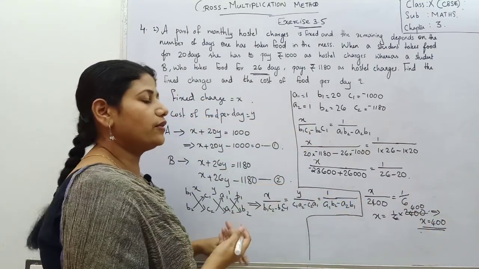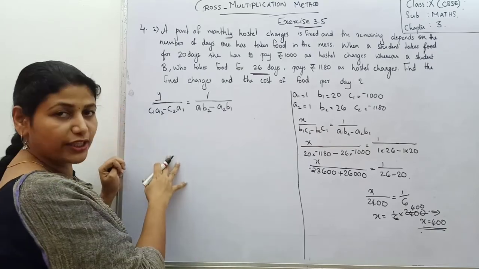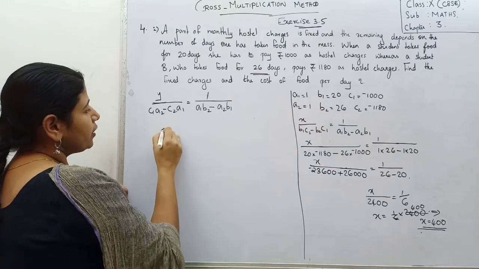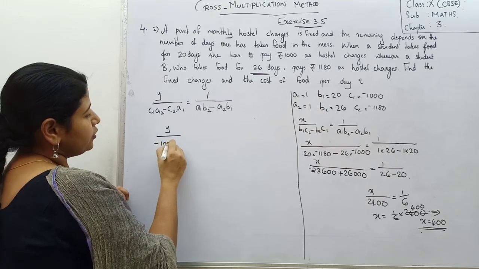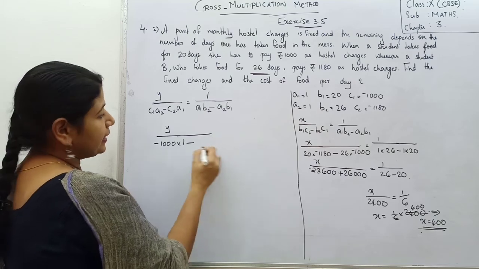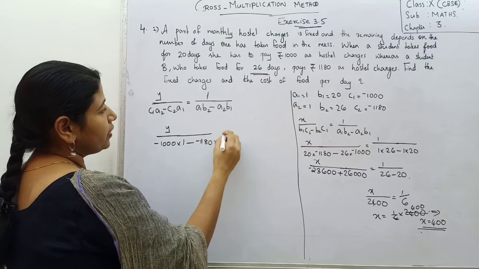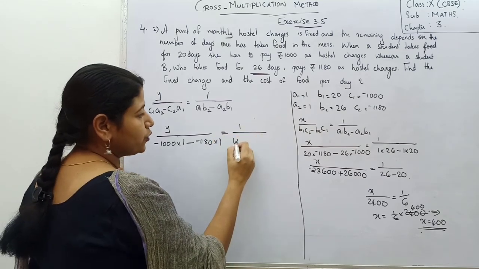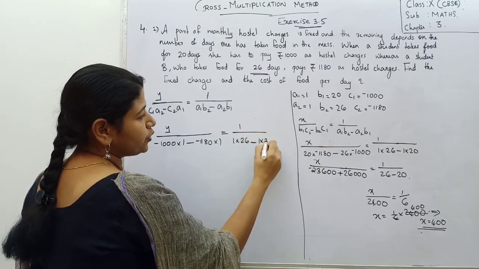Now we have to find out the value of y. Now we can take the second and third ratio: y by c1 a2 minus c2 a1 equal to 1 by a1 b2 minus a2 b1. So y by c1 a2, c1 is negative 1,000 into a2 which is 1, minus c2, which is negative 1,180, into a1 which is 1, equal to 1 by a1 b2, 1 into 26, minus a2 b1, 1 into 20.